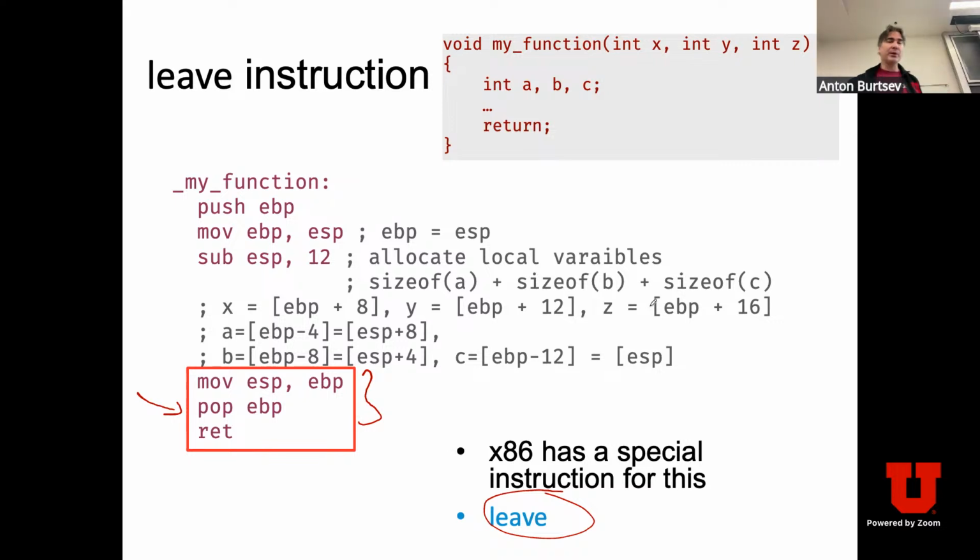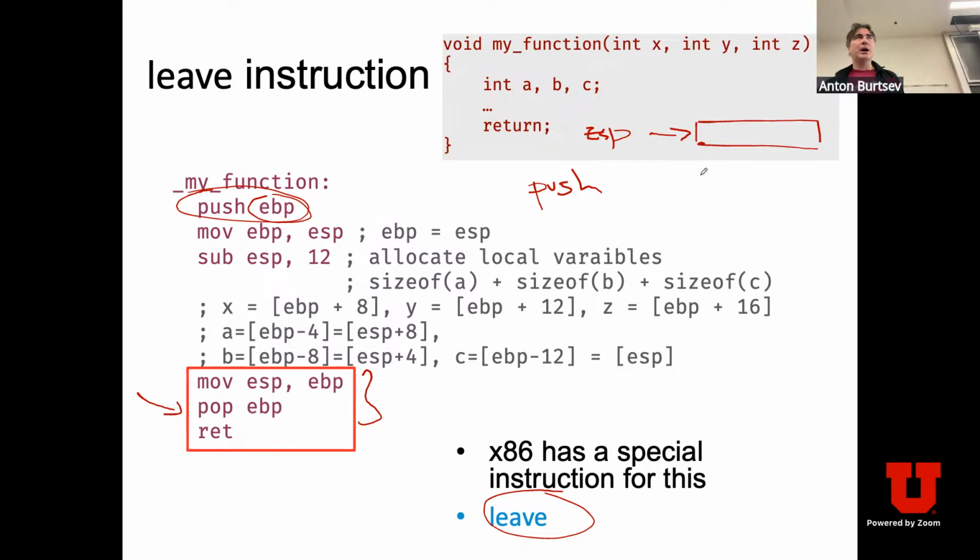No, it's important to understand push and pop. Push, like this one, saves this value. So imagine you have ESP here pointing to some 4 bytes on a stack. It doesn't override this value.